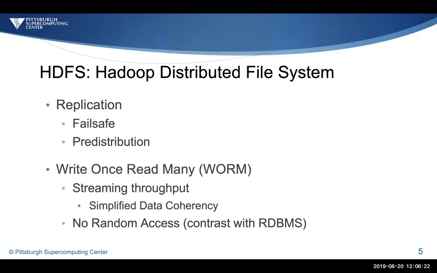This does raise a conflict with the way that shared HPC systems typically work, which we'll get to in a minute. The HDFS also is designed as the write once, read many, or WORM, file system, which gives it some advantages for streaming throughput. It's not your typical file system that will allow random access. You can contrast this with an RDBMS or even normal file access within POSIX.